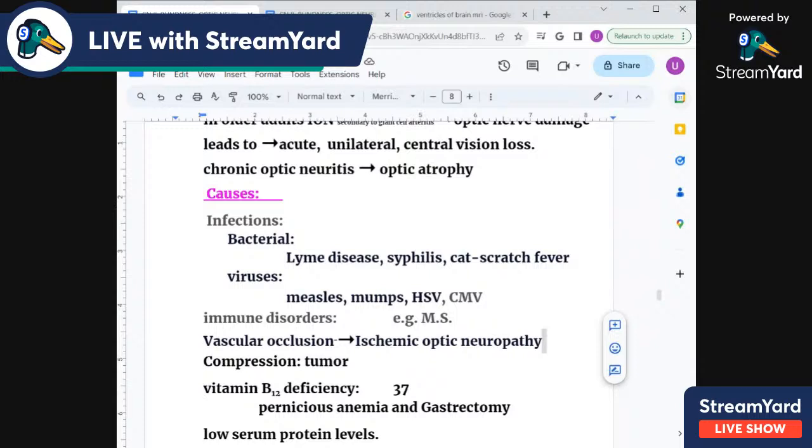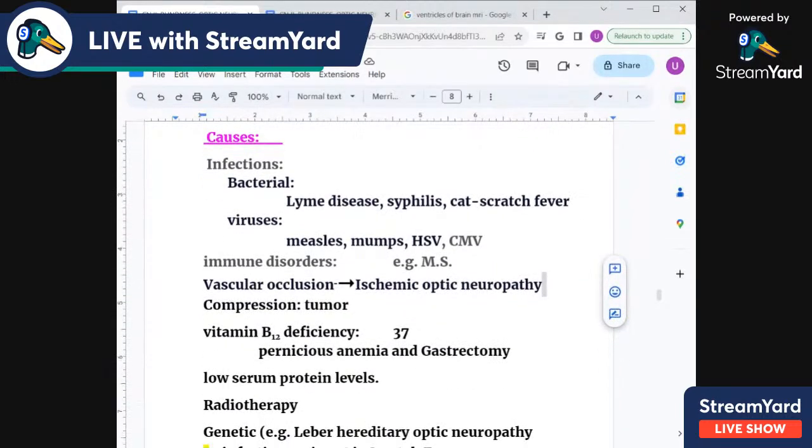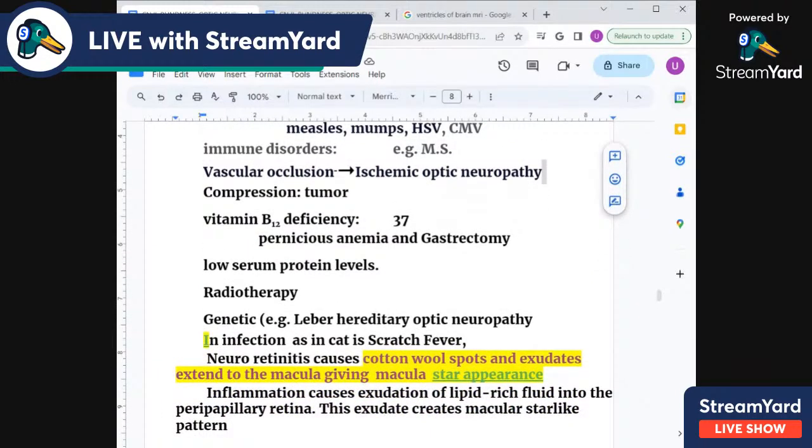Okay, now let's go. We did the bacterial, now viruses: mumps, measles, herpes, cytomegalovirus. And then we have immune disorders, multiple sclerosis, vascular causes, ischemic optic neuropathy, tumors, vitamin B12 deficiency.